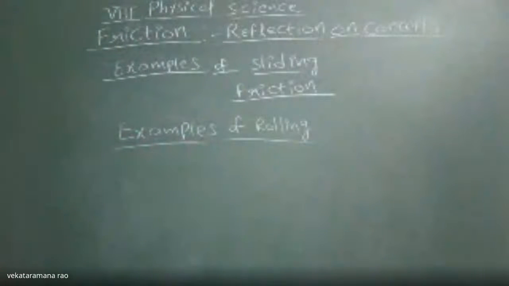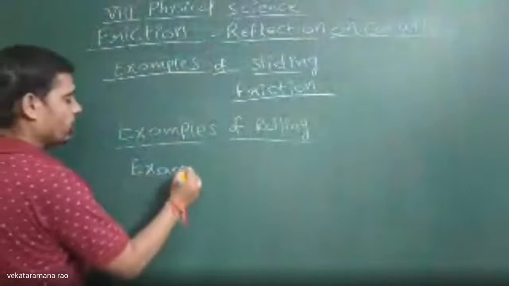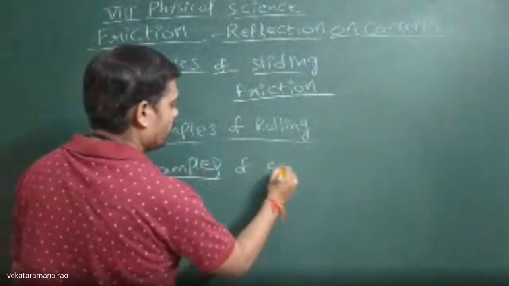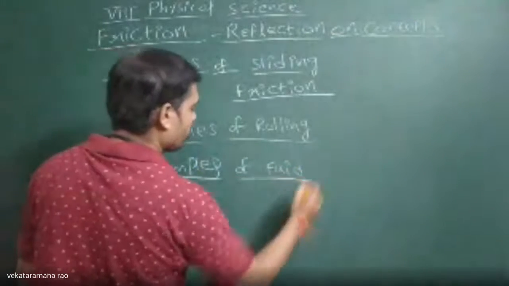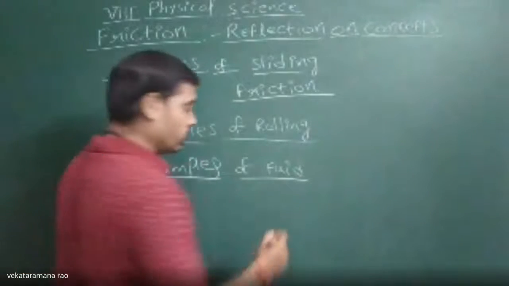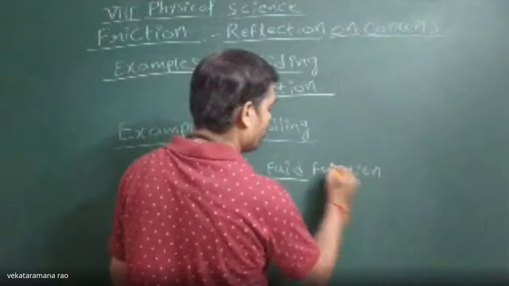Next question: we can discuss examples of fluid friction. Fluid friction is the friction offered by the fluid when aeroplanes, helicopters and rockets move through the air, or ships and submarines sail through the water.